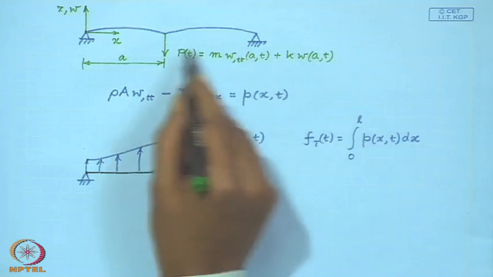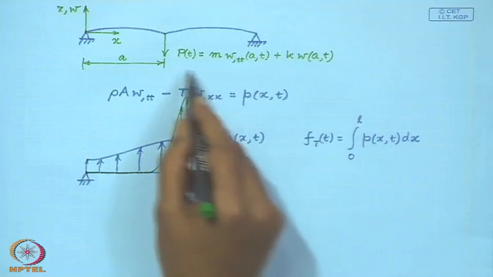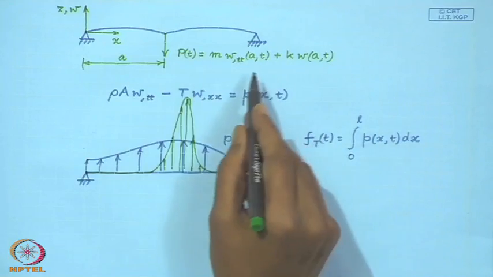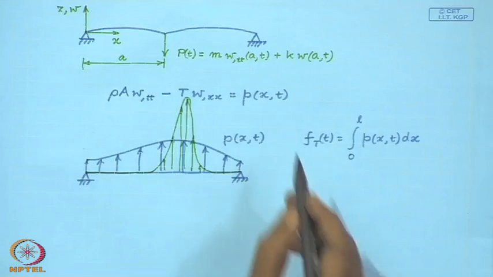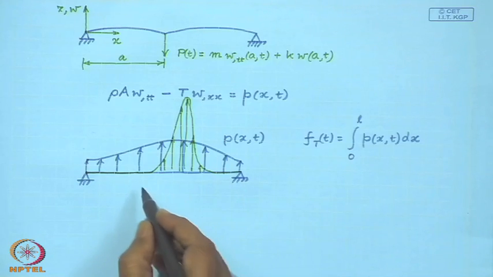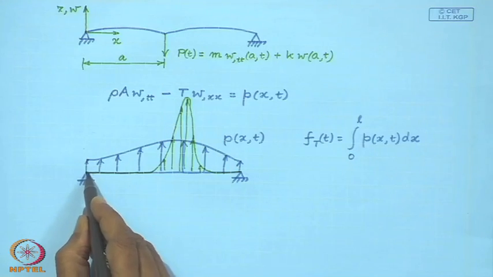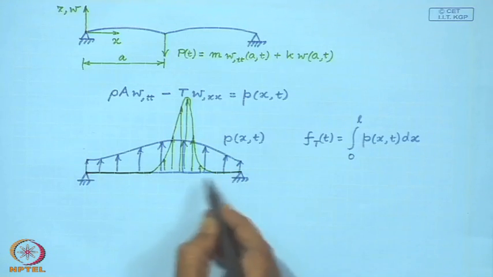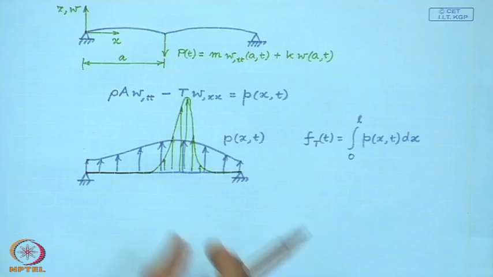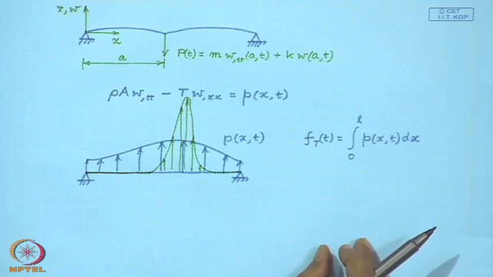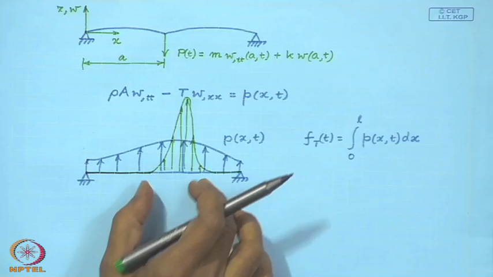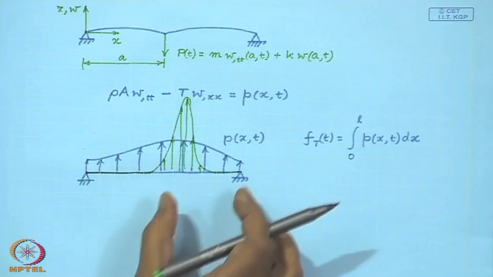We know this in our example that we are considering at this point. We know the total force that is acting. Now, this distribution happens to be 0 from here to here and here to here, and it is non-zero only on a finite region of the string, not on the full domain.